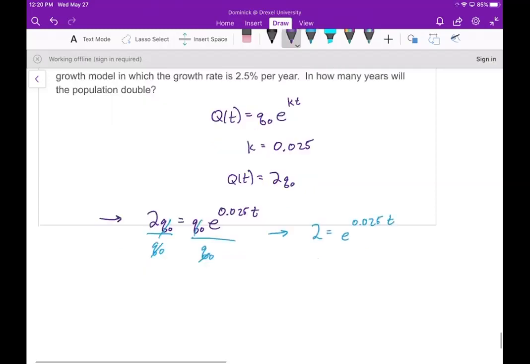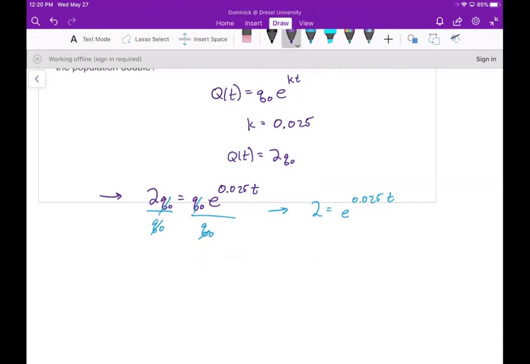Well, now we have an exponential equation with the exponent on just one side, so let's convert to logarithmic form. And this says that we have a log base e, which is a natural log, of 2 is equal to 0.025 times t. So we're going to get that t is equal to ln of 2, because that's the same thing as log base e, divided by 0.025.